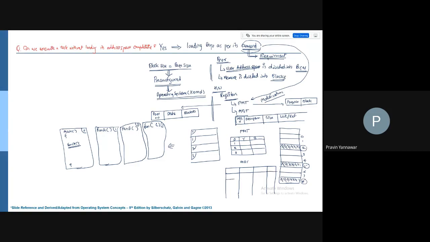So this contains the information of all the blocks that are available in a system. How many? 8. So this is the zeroth memory block, this is 1, this is 2, this is 3, this is 4, 5, then 6, 7, 8. Say for example, the concept is something like this.